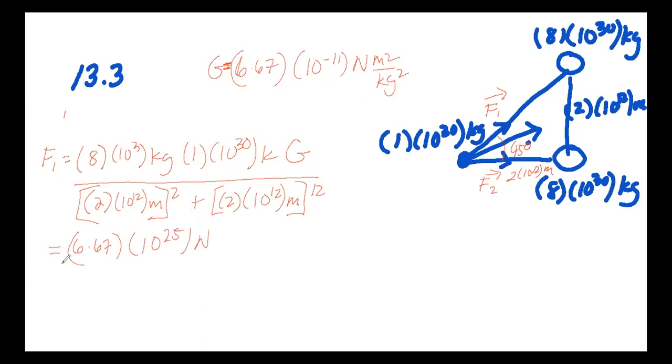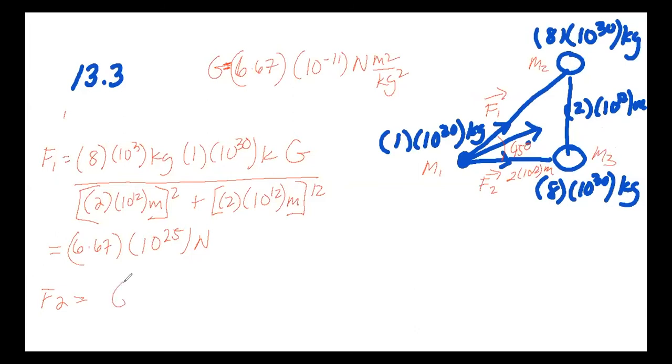All right, for F2, it's going to be the same thing, right? No, F2 is only this. So it's not this hypotenuse guy. So for F2, can I just call this M1, M2, and M3?